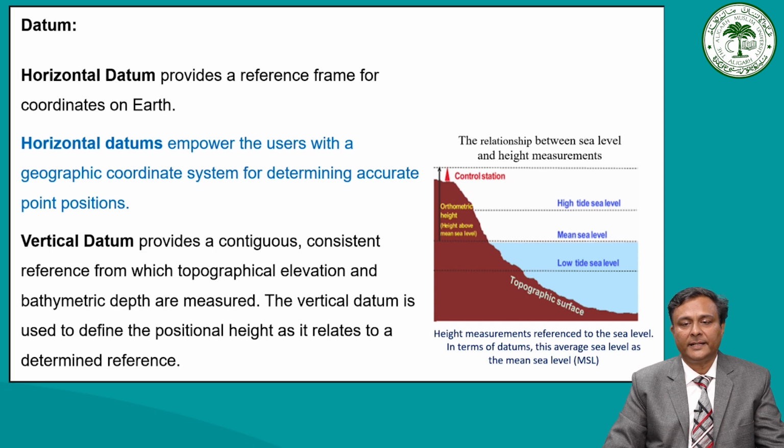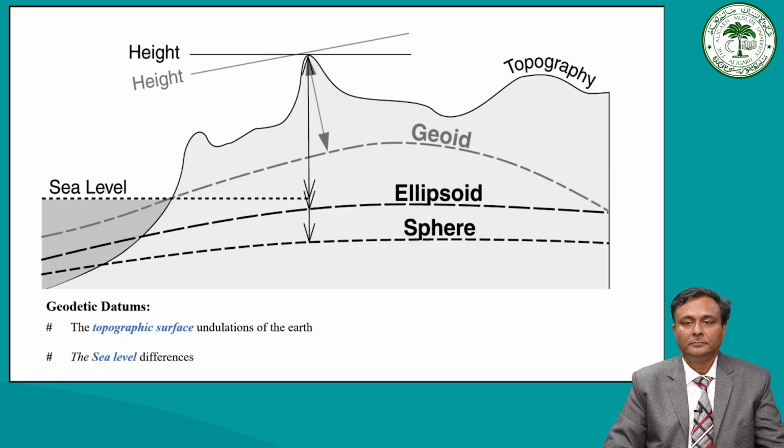There can be high tide sea level or low tide sea level, and in between we take the mean sea level. So the relationship between sea level and height measurement is also depicted in the diagram which is being represented in this particular slide.